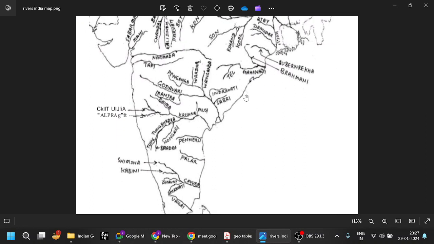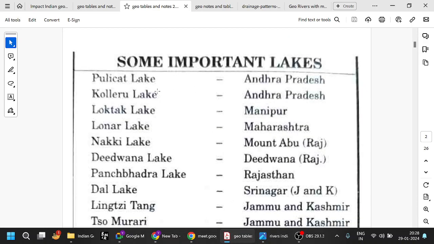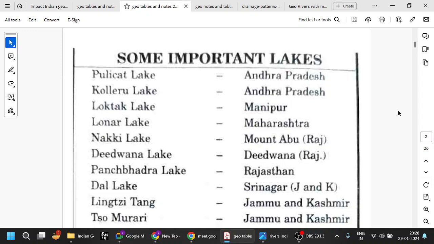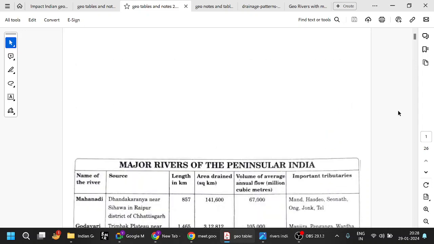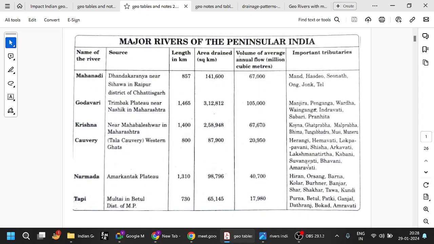So Chilika Lake will be on the Orissa-Andhra border, and Pulicat Lake on the Andhra-Tamil Nadu border. On both borders we have Chilika Lake and Pulicat Lake. Those two are very important. Kolleru Lake is near Kakinada. Fine, let's straight away go to the questions.